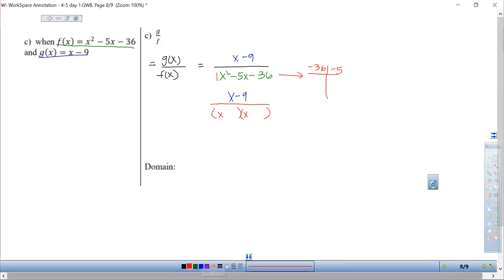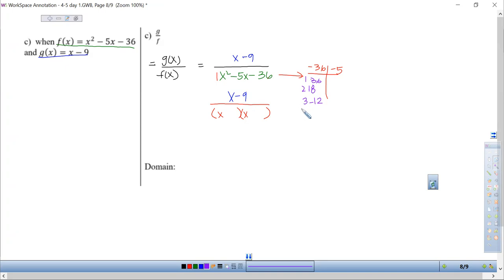If I look at these factors of 36, I've got 1 and 36, 2 and 18, 3 and 12. Even if I make one of these negative, I still have too big of numbers. So I'm getting closer.